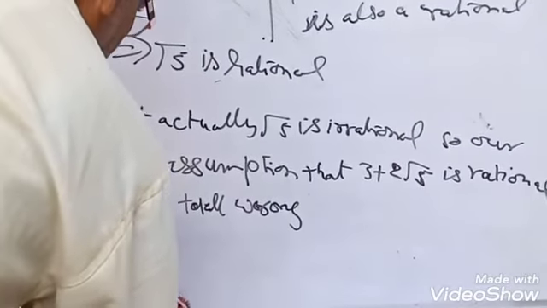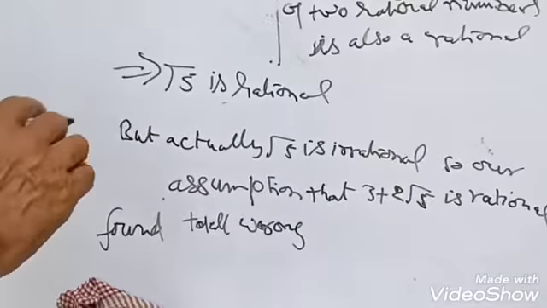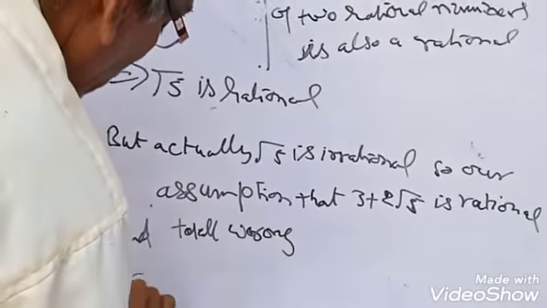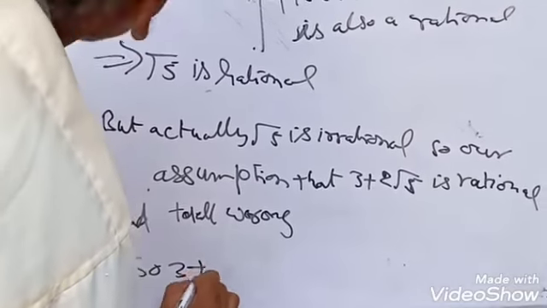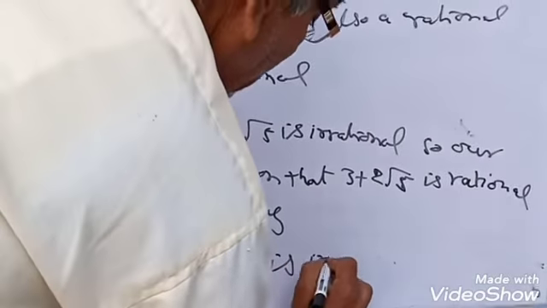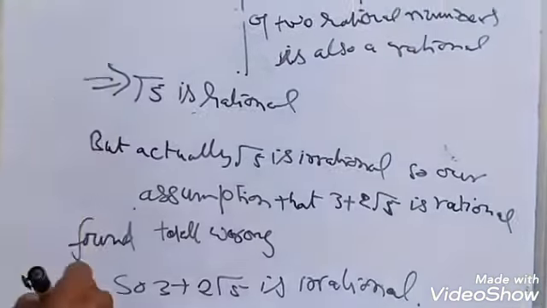So 3 plus 2 root 5 is irrational. Thank you.